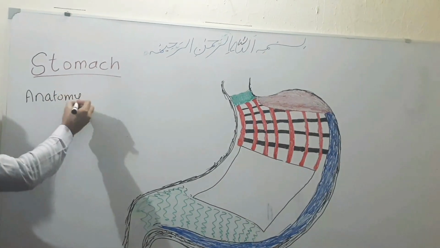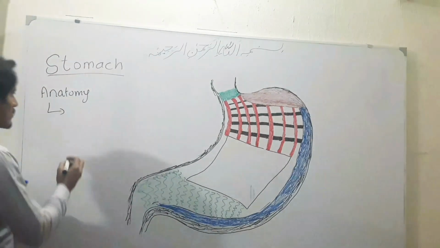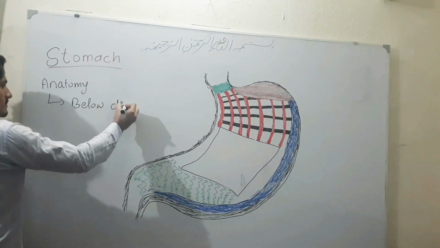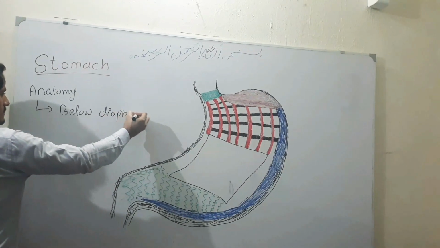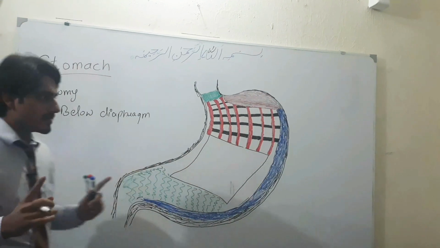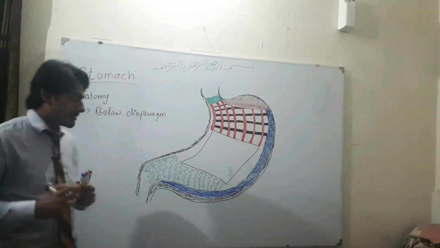stomach. The stomach is basically situated below the diaphragm. Second, it is present on the left side of the abdominal cavity. Clear?